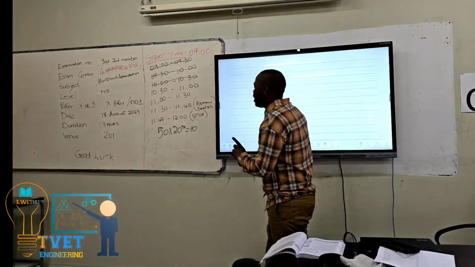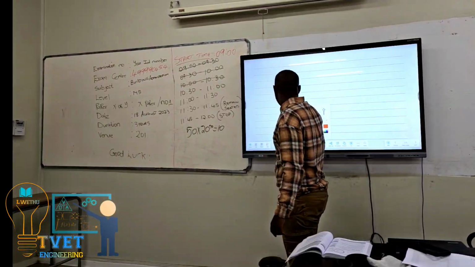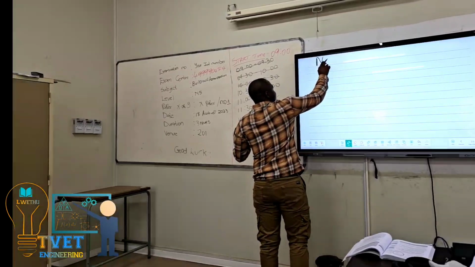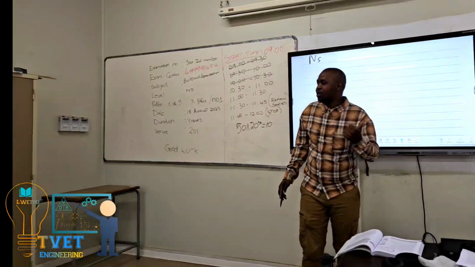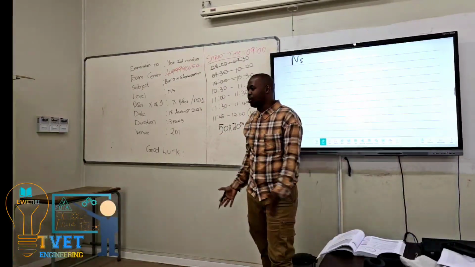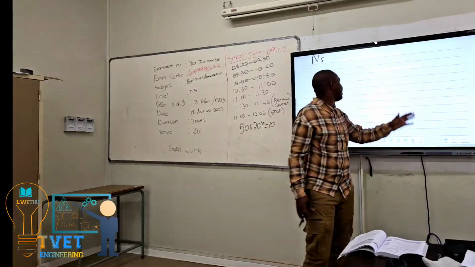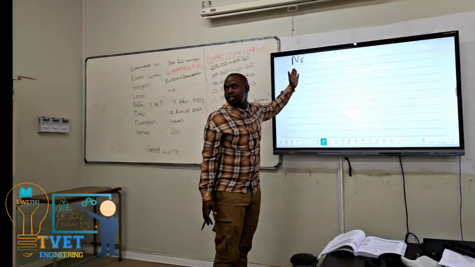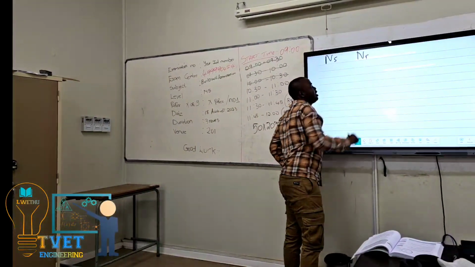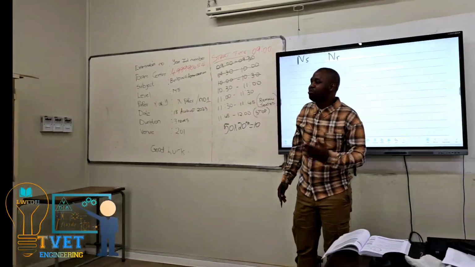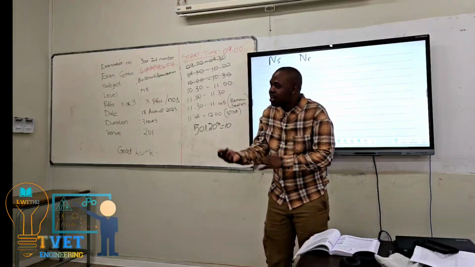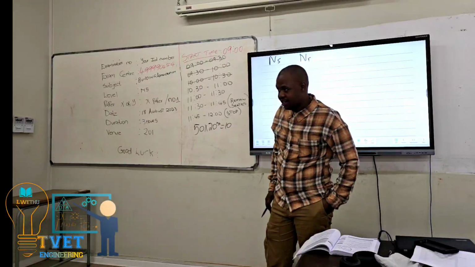So there are two types of speed we are going to talk about. The first is the synchronous speed, the speed at which the magnetic field is rotating. Number two is the rotor speed, the speed at which the actual rotor is rotating.